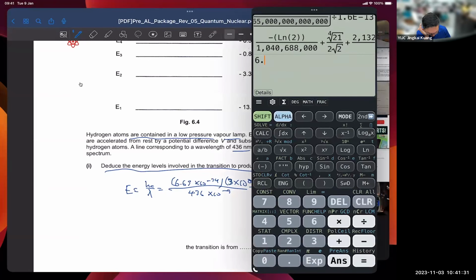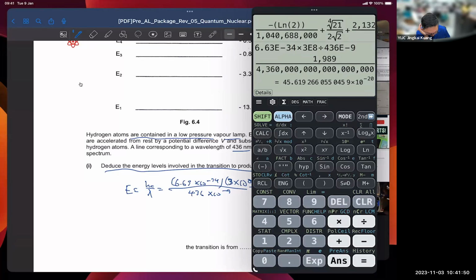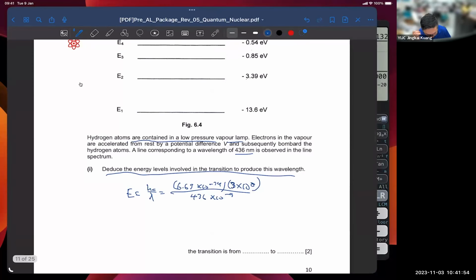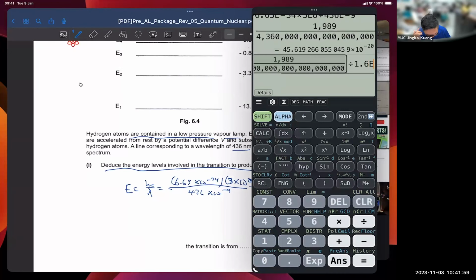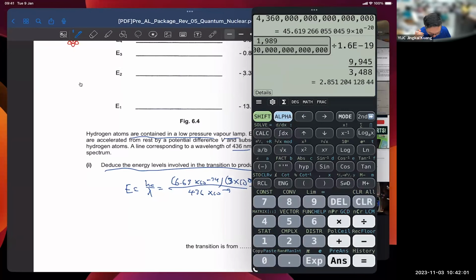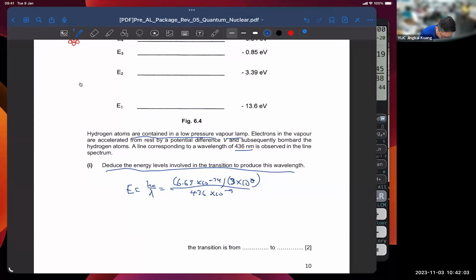So 6.63 times 10 to the negative 34 times 3 times 10 to the 8 divided by 436 times 10 to the negative 9. And I get this amount of energy, but I want it in electron volts, right? So I divide by 1.6 times 10 to the negative 19. I get 2.85 eV.